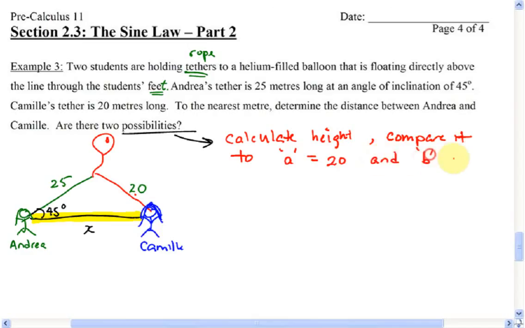What's the A value in this case, the 20 or the 25? 20 is the one across from the angle. Good. And compare it to the B value, which is 25. I want to do the comparison first to ensure that I only have one answer, or maybe I'll have two. Do this calculation first, and then we can tell.